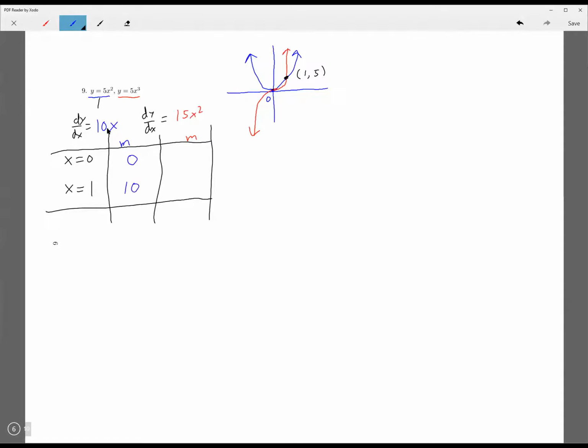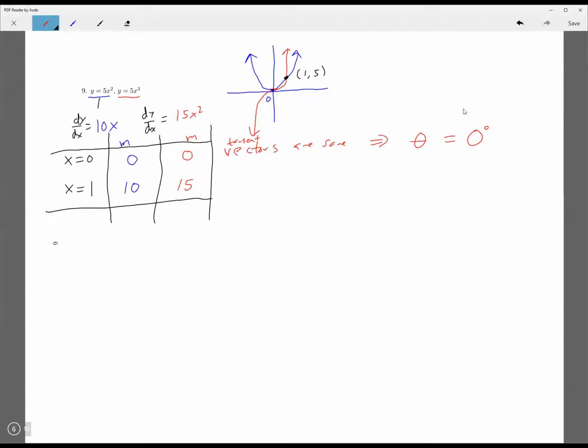Yes, good, that's 10. And then for this function, the slope here is 0, and this one is 15. So at these 2 points, the tangent vectors are the same, which means the angle is going to be 0 degrees.